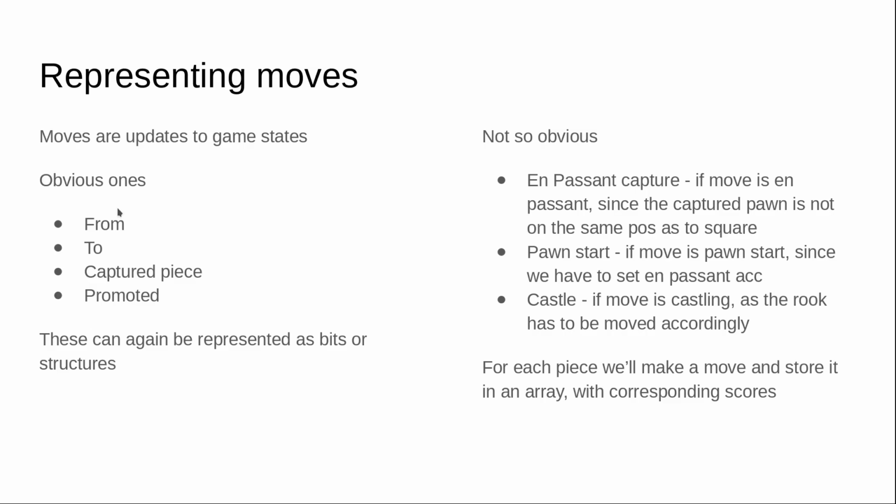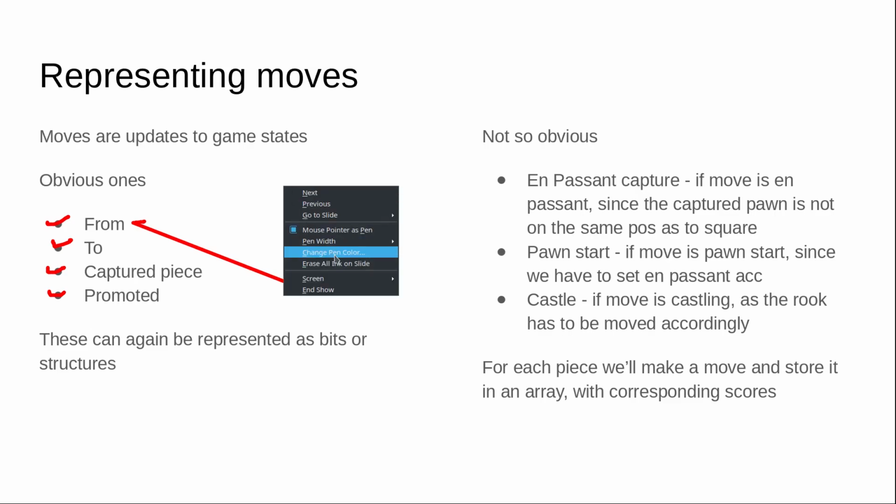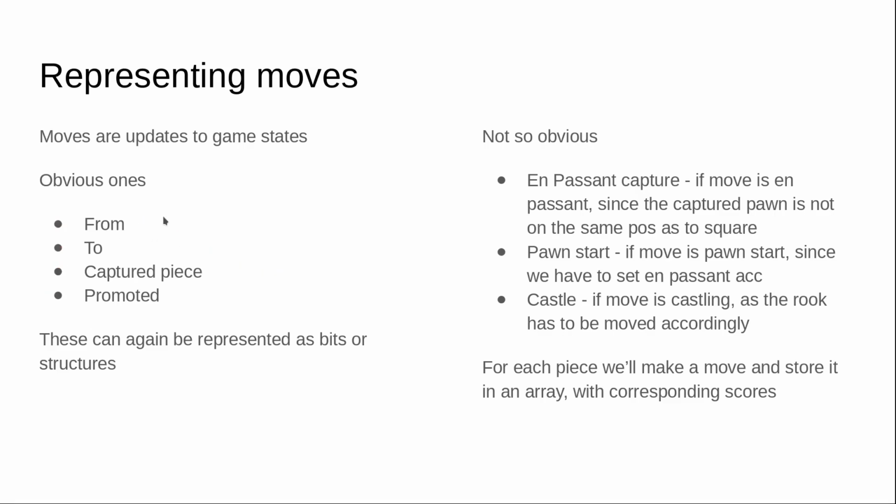So the obvious things which can distinguish one move from the other are your from and your to. And then we have your captured piece and the promoted piece. Why we haven't mentioned the piece we would be moving is because it is quite obvious from the from and to positions which piece we want to move.